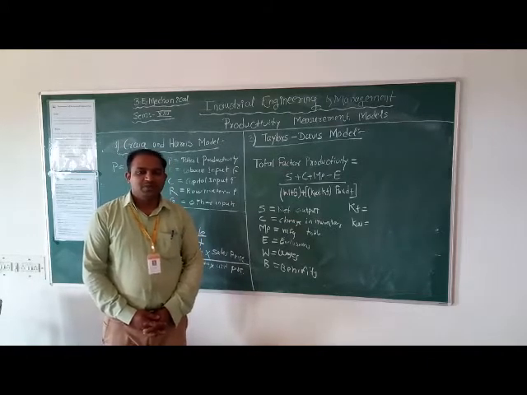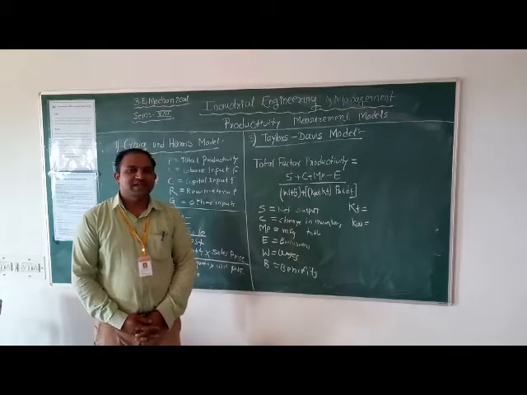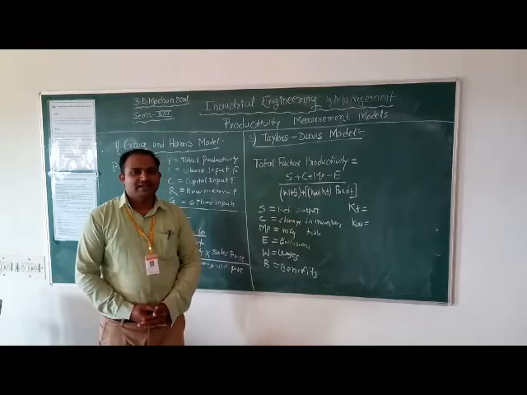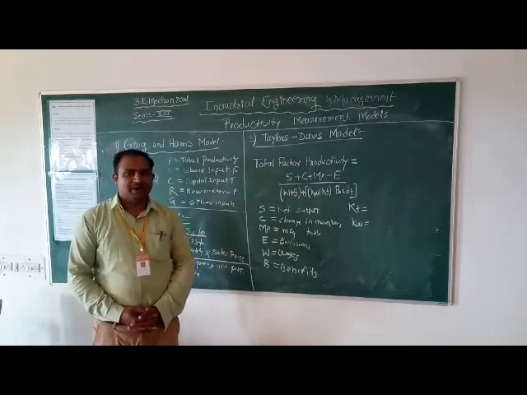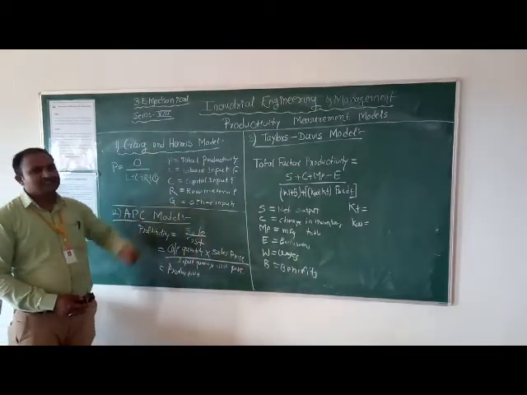Here we study three types of productivity models. The first is the Craig and Harris model. The second is the APC model, and the next is the Taylor's and Lewis model. First we explain the Craig and Harris model.